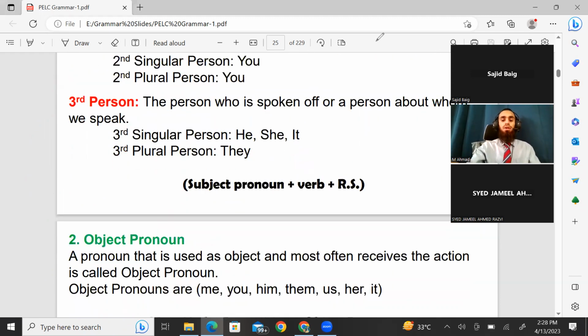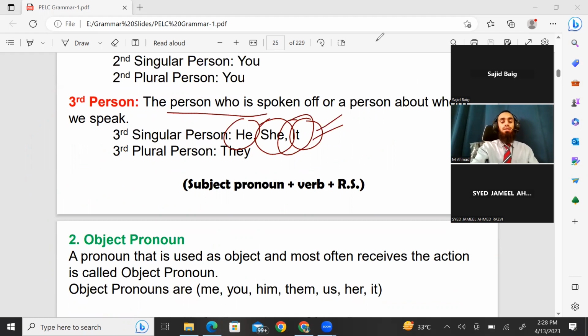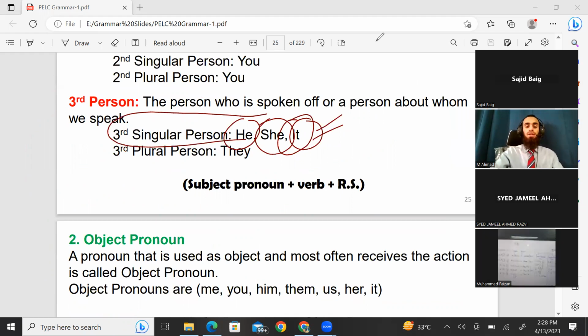And we use, he is a very good boy, she is very intelligent. It is the choice, right? Or, it is the mobile phone, for non-living things. So the third person, the thing to which we indicate, they, he, she, it, they are called third person pronouns, right?